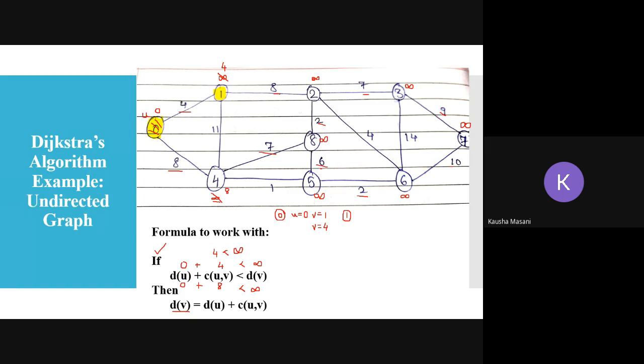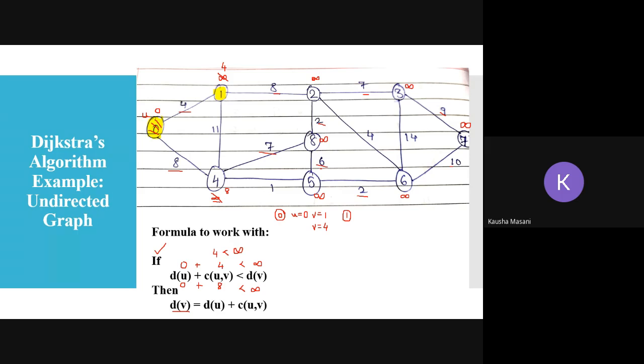From 1 I can reach 4. From 1 I can reach 2. The reason? It is an undirected graph. I don't have to follow the arrows. That's why from 0 to 1 I can go. From 1 to 0 also I can go. So ideally you have 3 direct vertices from 1.